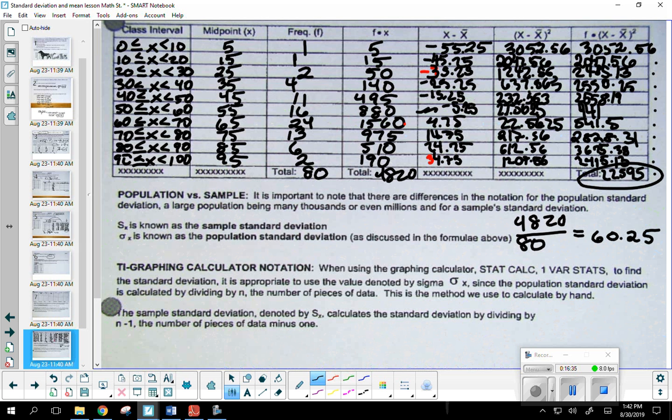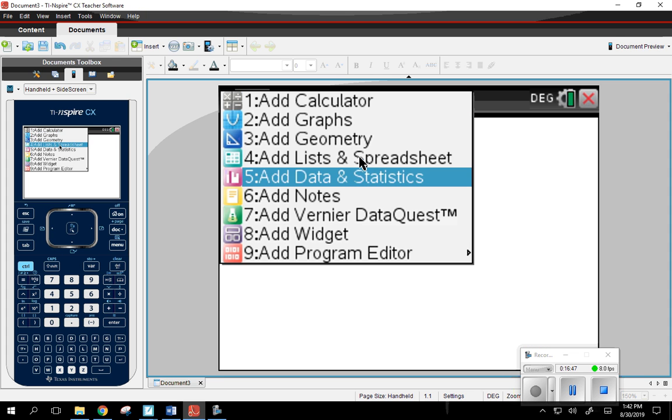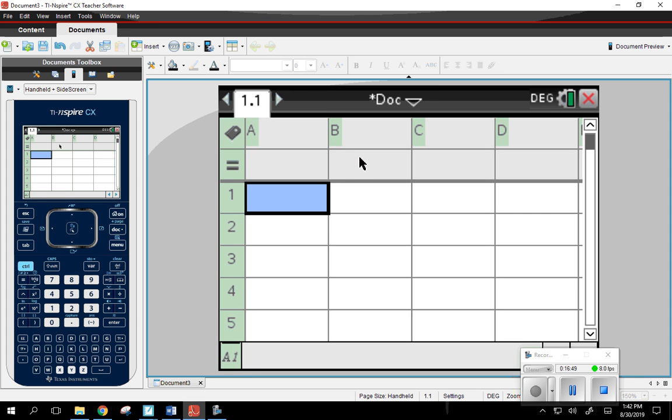Okay, let's do it. I'm going to go to new document, list and spreadsheet. Again, we have everything we need here. I'm just going to call this X, since you have to call the column something. And then we have our frequency, FREQ.